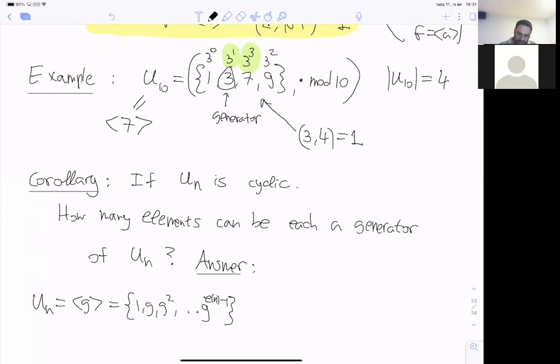Okay, the answer is phi of phi n. For example, here, U10, phi of 10 is 4, and the number of elements that can generate U10 is 2. These are generators.